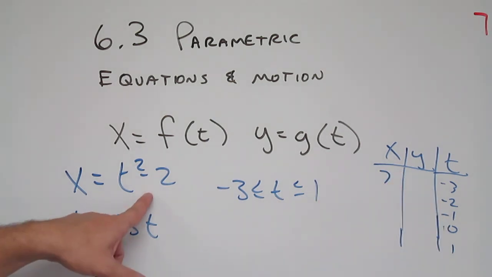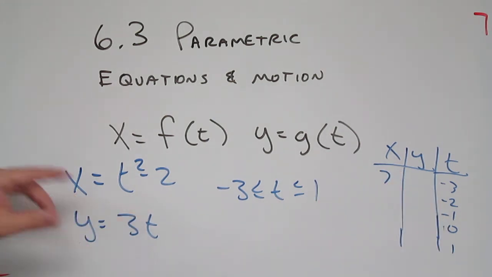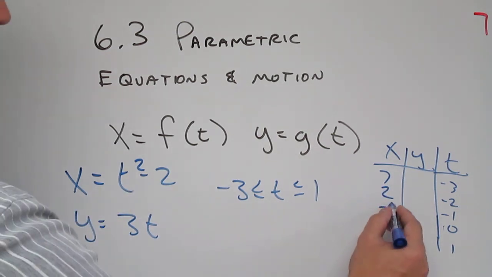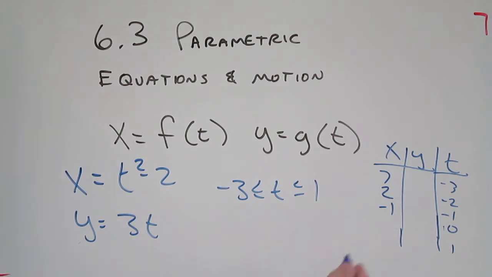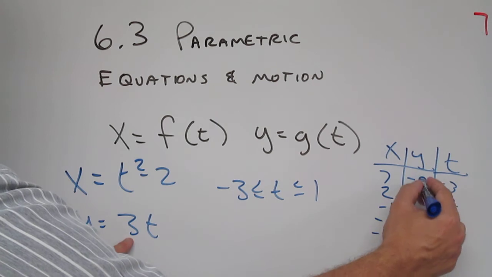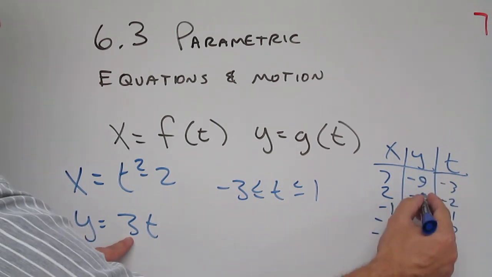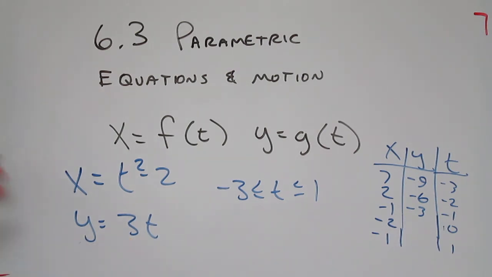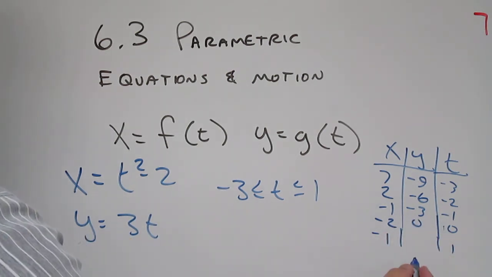If I plug -2 in here, I get 4 minus 2. -1 would be 1 minus 2. 0 would be 0 minus 2. And 1 would be 1 minus 2. For the y coordinates, I could plug in -3 and get 3 times -3, 3 times -2, 3 times -1, 3 times 0, and 3 times 1.